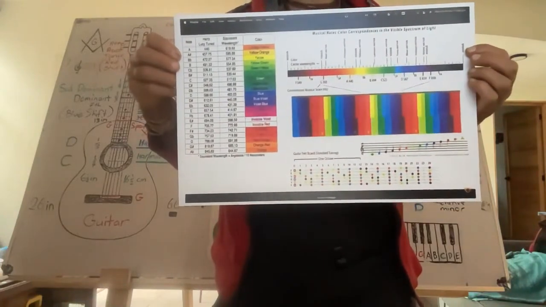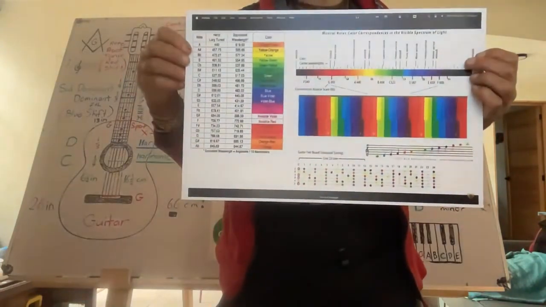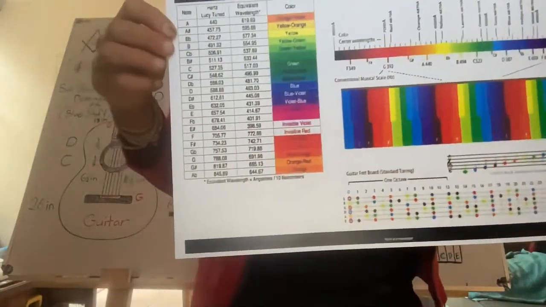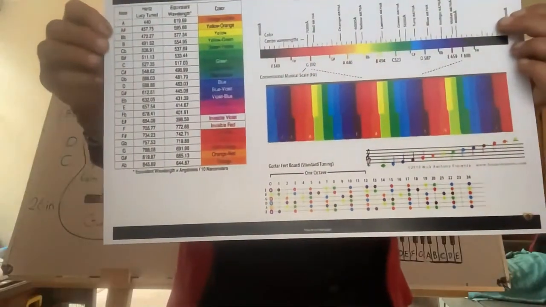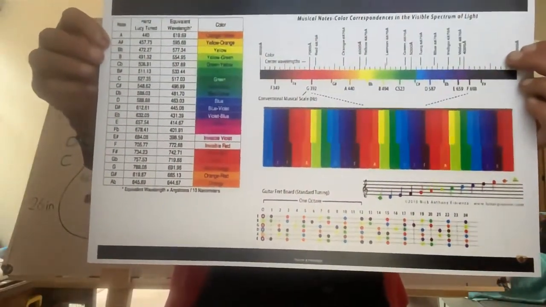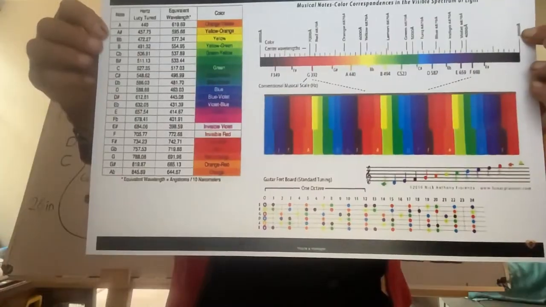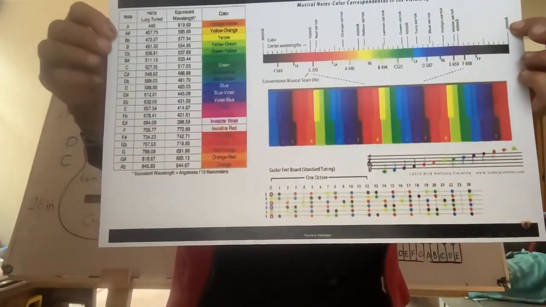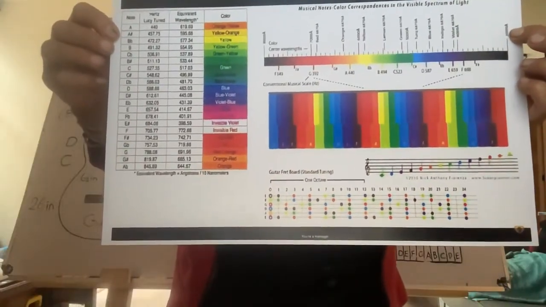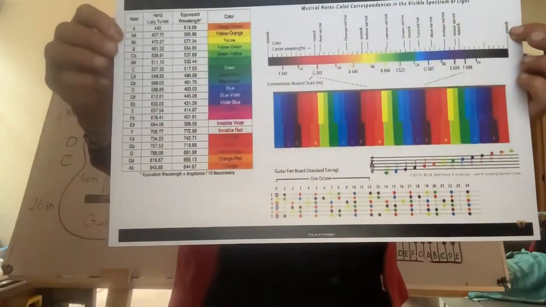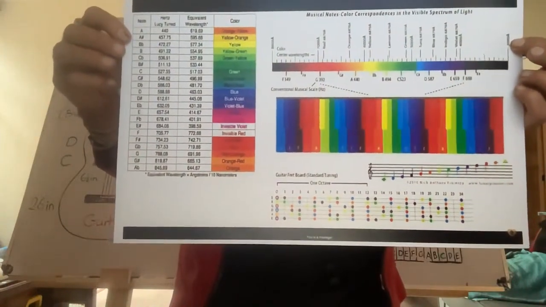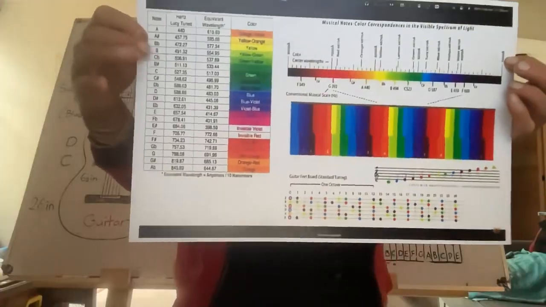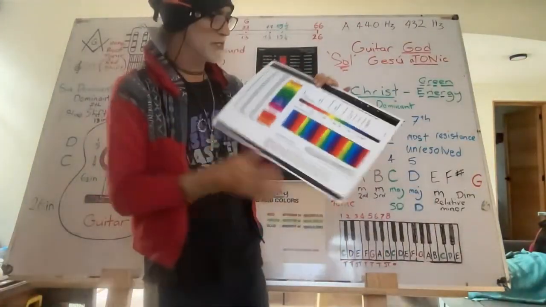As you can see, green is C, middle C, D is blue, G is red. Okay, over here you have all the different frequencies, but actually they're not all the frequencies.